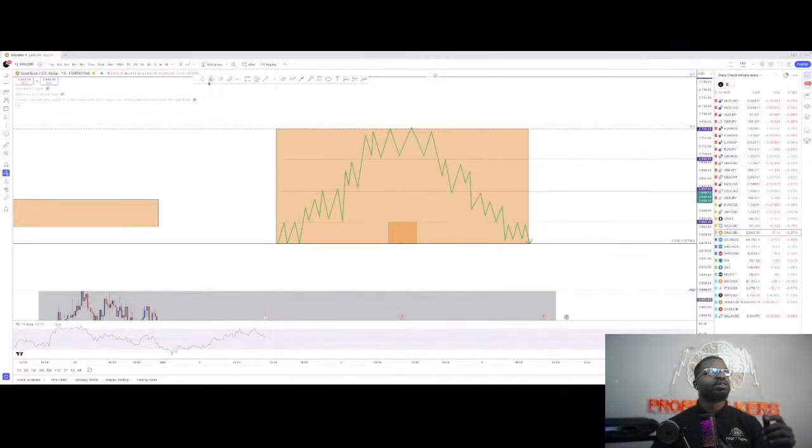Oh, I'm about to delete the stuff on accident. But you have consolidation, right? You have this break where price moves from this consolidation to this uptrend, and then from there, everything on the way up is just continuation patterns. But it will respect each floor or each room in price before continuing.